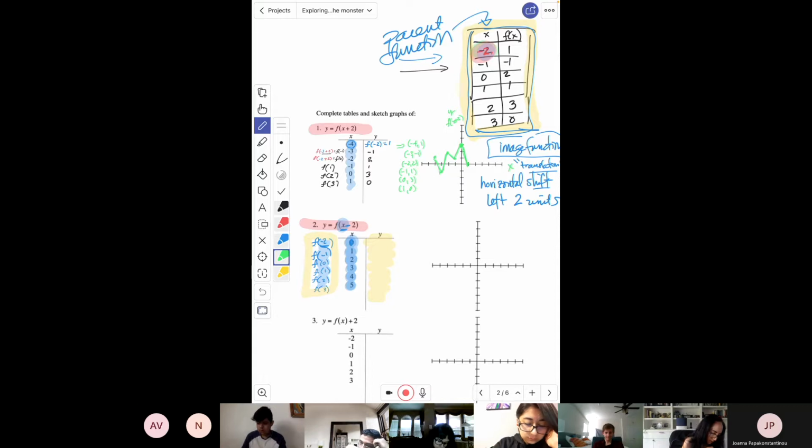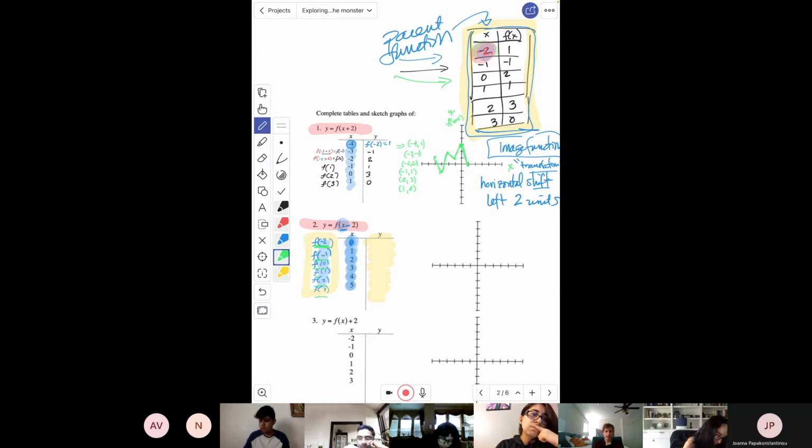I'm looking for the y values for these, right? So what's the first one? What is the output when f is -2? I'm just going back to this table, right? Can anybody tell me what the output is when the input is -2?